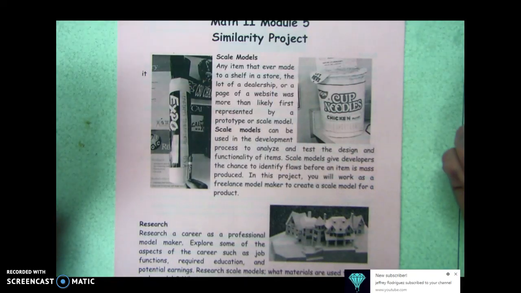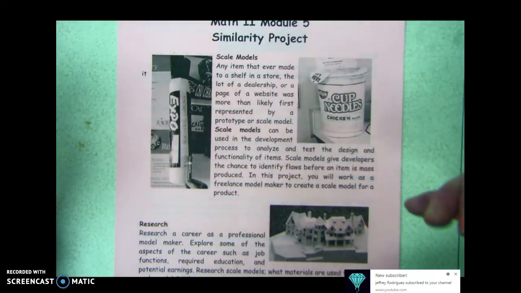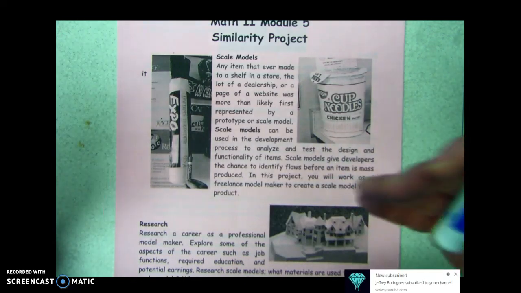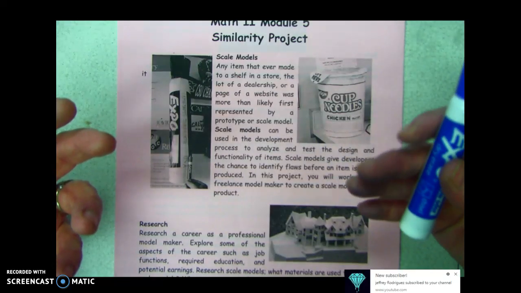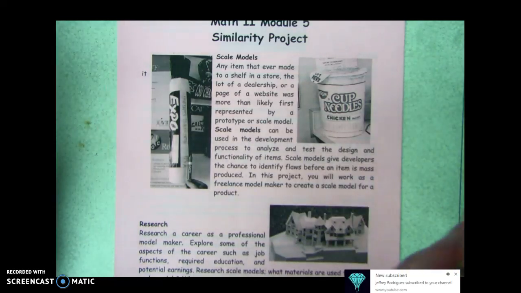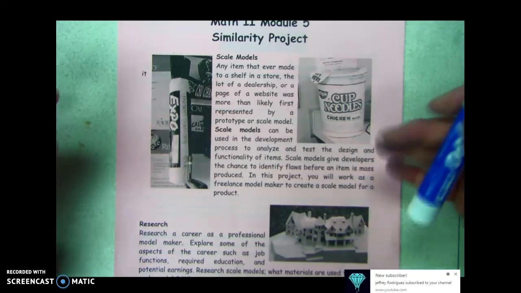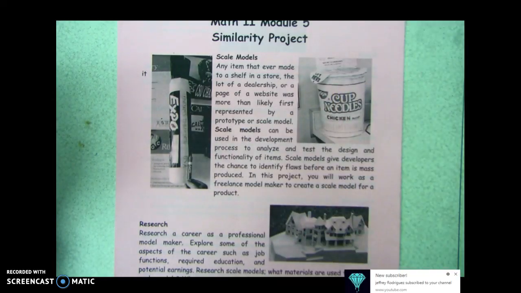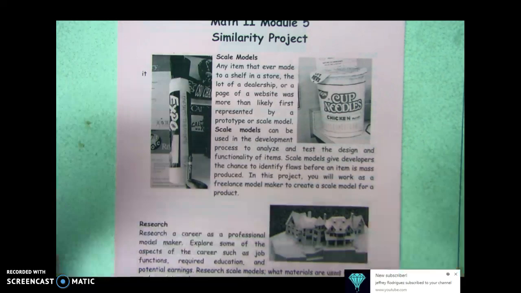You'll be surprised at how much bigger it gets when you start multiplying the dimensions of these objects, by only going 3 or 4 or 5 times bigger. But when you look at the regular pen and the pen that's in the classroom, you can see it's quite a bit larger. It's the same with the cup of noodle soup. So we're going to be creating a larger model. All of our projects are going to be enlarged. None of them will be scale models of something bigger.